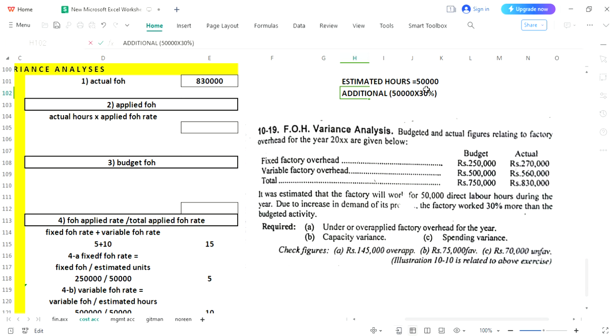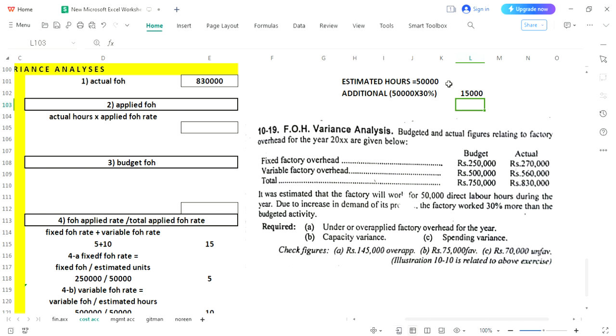You will simply go on your calculator and write 50,000. 30% means 30 divided by 100 means 0.3. You can directly write that, but let it be written in the same way, 30 divided by 100. So this way you will calculate your 30% of budgeted. It had become 15,000.